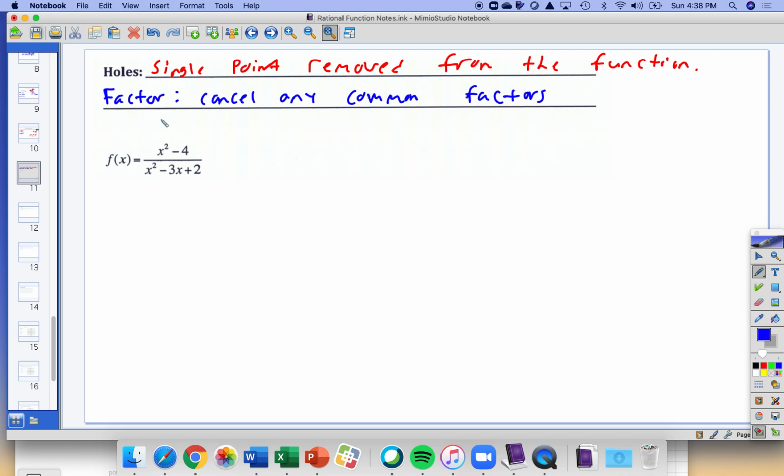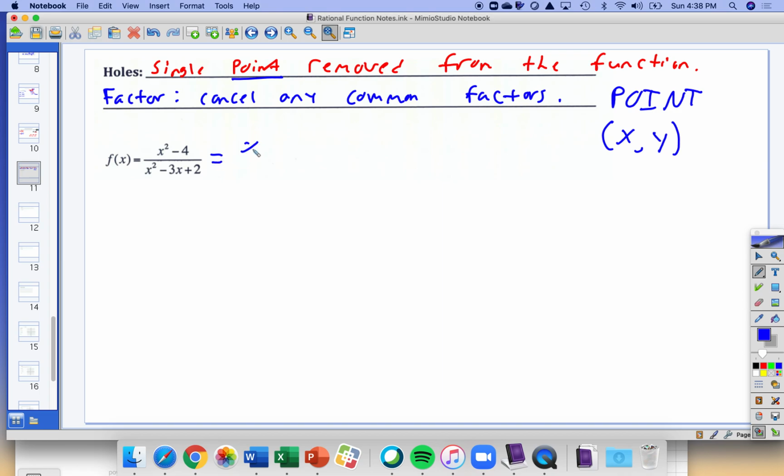Now, just a reminder, this is going to be a point, because it is a hole with a single point removed, which means that the answer is going to be x comma y, whereas an asymptote is a line. That's why asymptotes are equations and holes are points. So let's do this one more time.